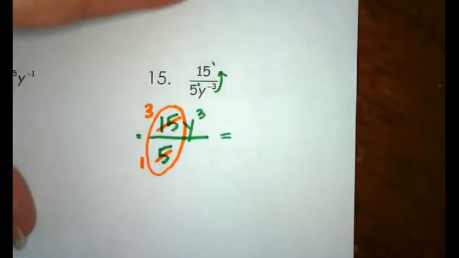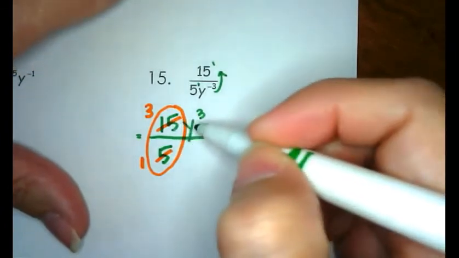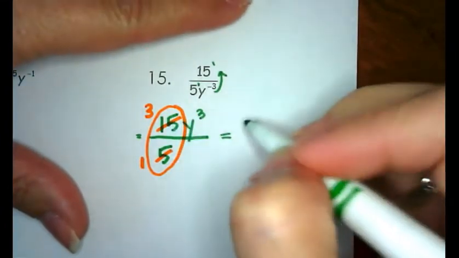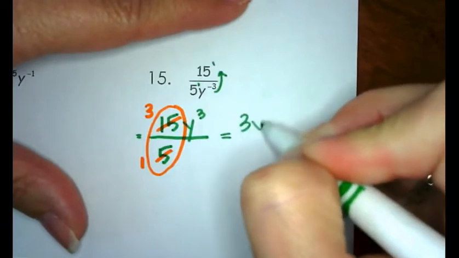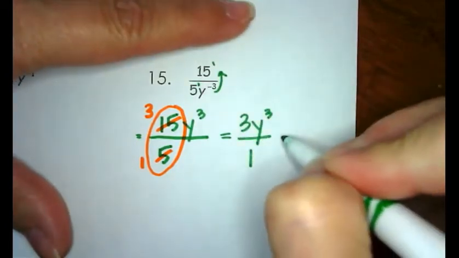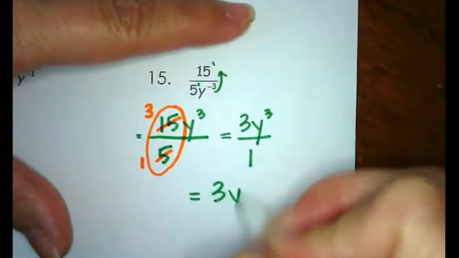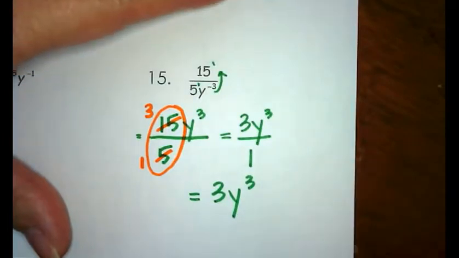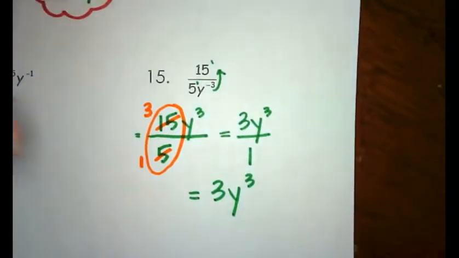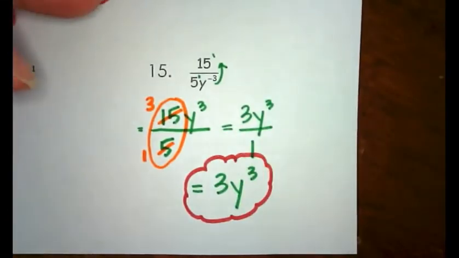So since we can reduce that fraction, instead of 15y to the third over 5, we would have 3y to the third over 1, which means that the best answer for this would even just be 3y to the third, because we don't need the 1 in the denominator. Oops, sorry about that. Couldn't get the cap off my marker.